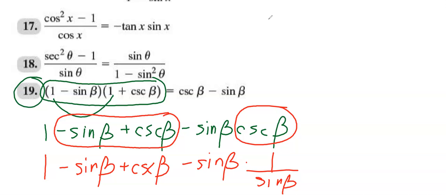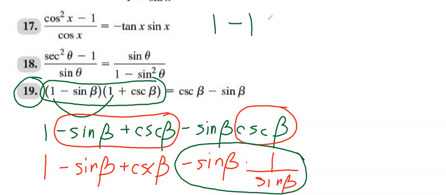Yes, exactly. All right, so what did you say happened right here? Tell me what that equals. -1, right? Your sine betas cancel, but that still leaves me with -1. So we have 1 minus 1 minus sine beta plus cosecant beta.